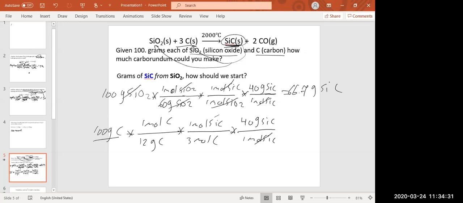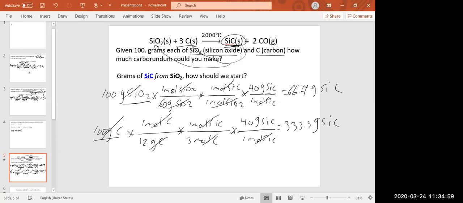Okay, so mole C with mole C, gram C with gram C. Do the math. And now we have 100 times 1 times 40 divided by 12 will give us 333.3 approximately gram SiC.